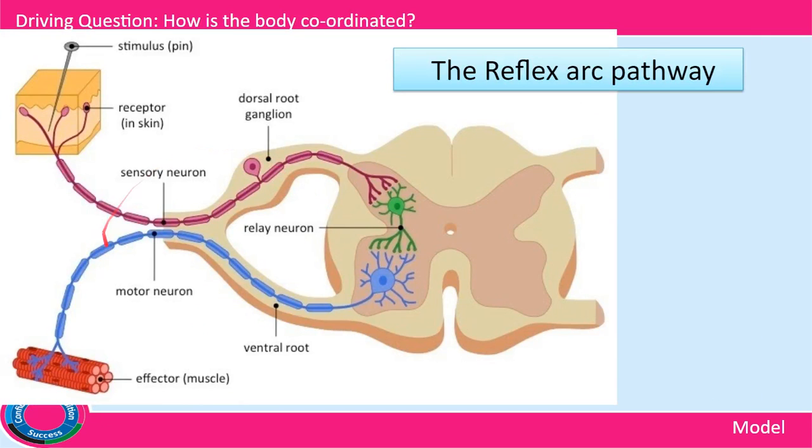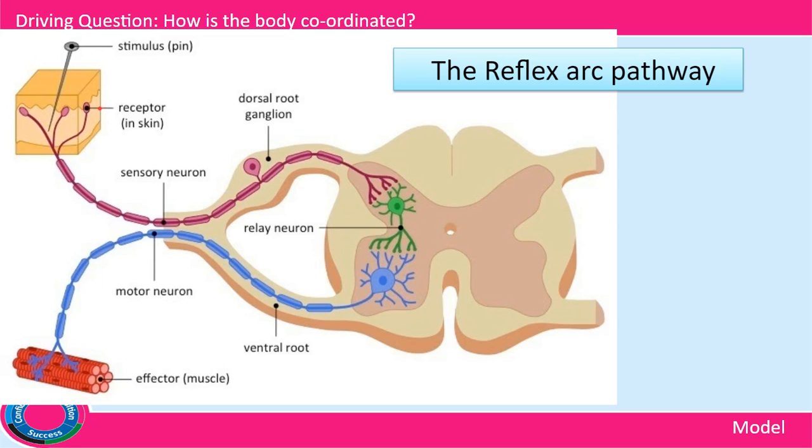Just an example here, you've got the skin, which is an organ, and you have receptors in the skin. Receptors are cells that are going to detect a change in the environment.